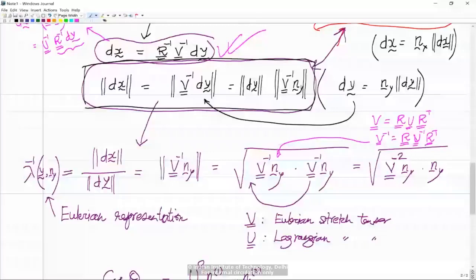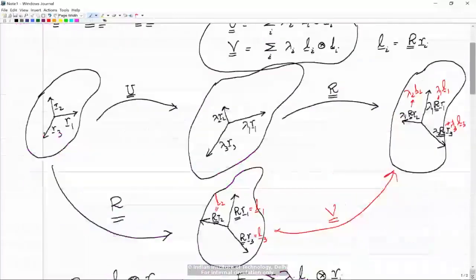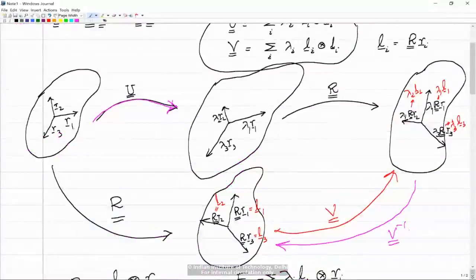And also you see when you come to this picture, u is directly taking the referential line element as input. And here v inverse is taking as an input the line elements in the deformed configuration. So the input to v inverse is the deformed line elements, and therefore v inverse has the Eulerian nature.